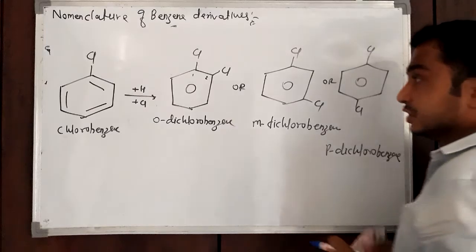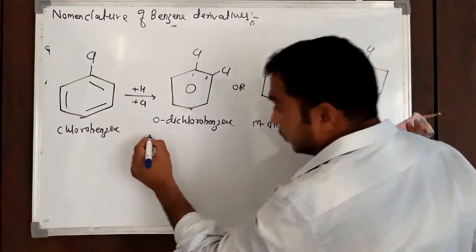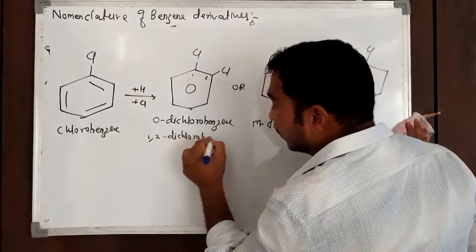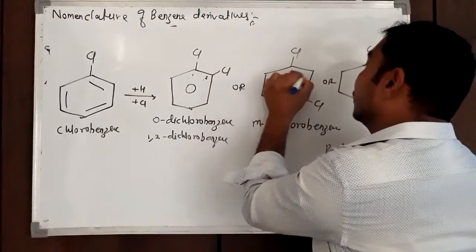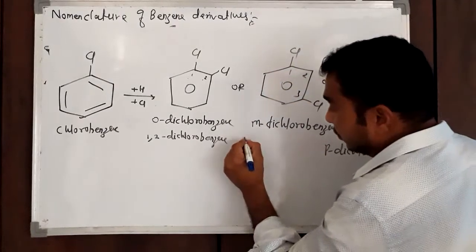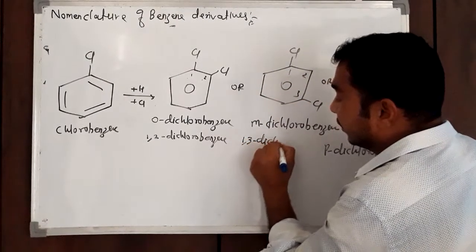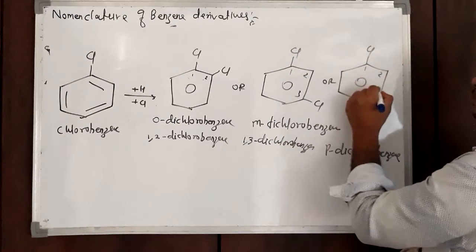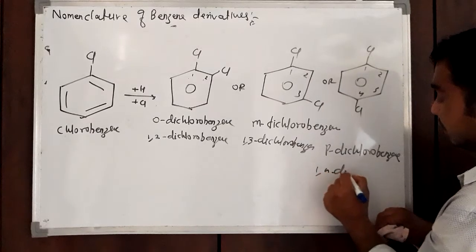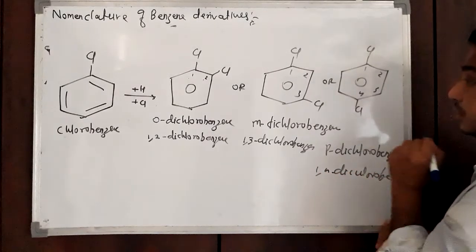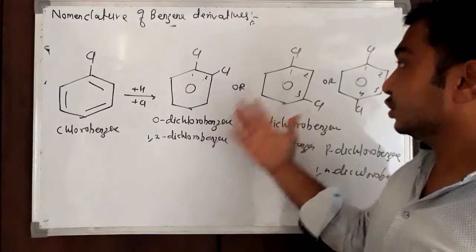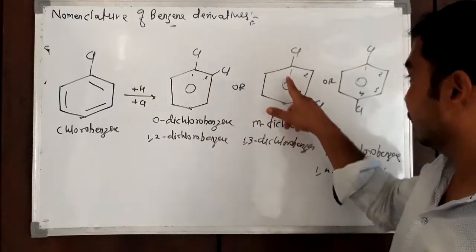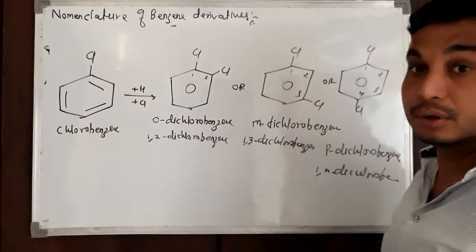In case of IUPAC system, we have to give numbering: 1 2 dichlorobenzene. Here 1 2 3, so 1 3 dichlorobenzene. And similarly, it is 1 2 3 4, 1 4 dichlorobenzene. Okay, so these are the disubstituted compounds of benzene: 1 2 dichlorobenzene, 1 3 dichlorobenzene, 1 4 dichlorobenzene.